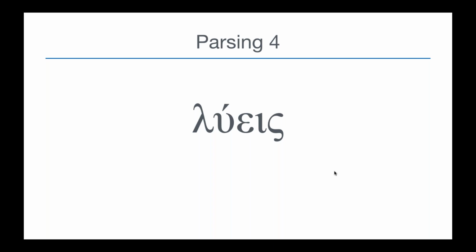Everybody understand how we got all those? Like I said, the big thing is just memorizing the endings. If you get that, that's really all you need for this chapter because we're not learning any of the other things. So this is probably the easiest we're going to do this semester.